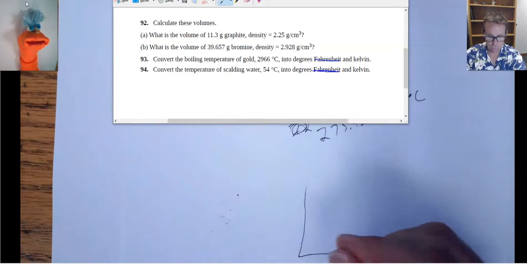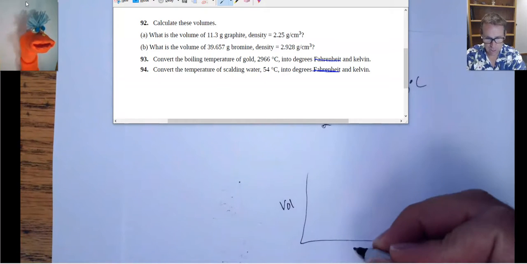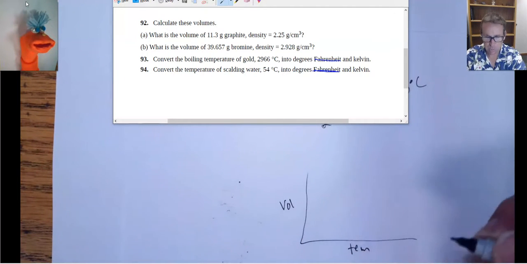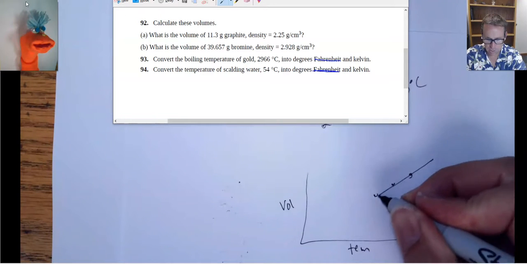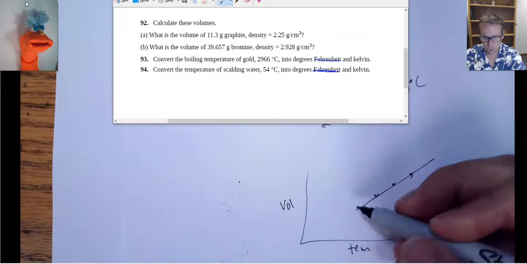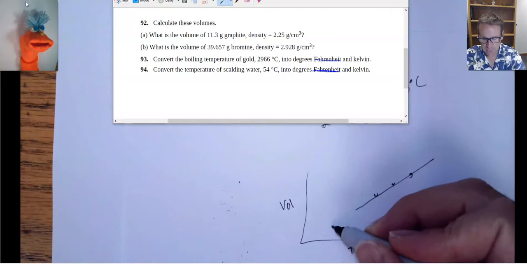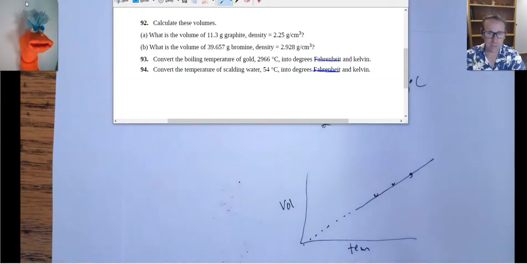So if I were to plot the volume of a gas at different temperatures, I would see that the volume of the gas followed a linear slope like this. And when they realized that temperature was a measurement of the amount of motion in a gas, then they realized that there should be a point where this gas can't keep slowing down.